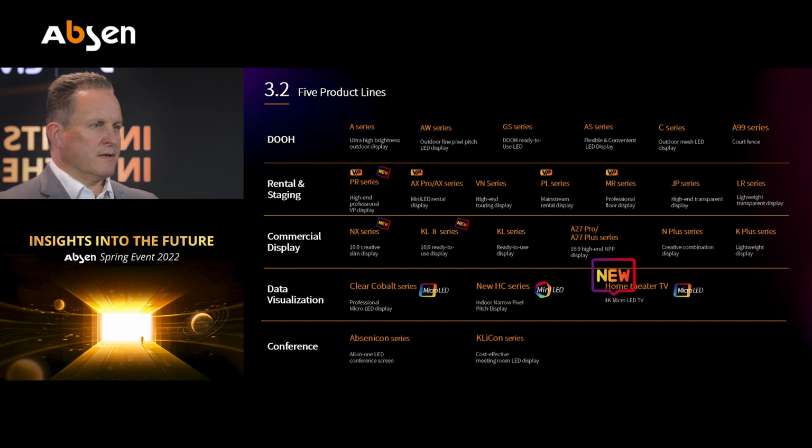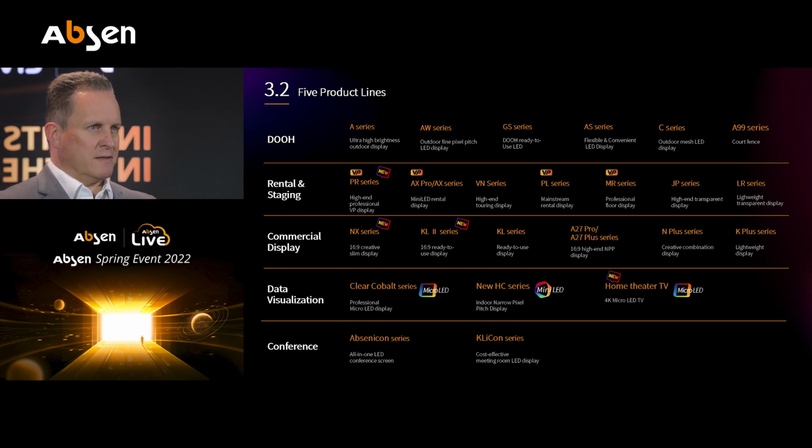Here is a huge and rich overview of all those segments. As you can see vertically, OOH has the A series, the product to speak about for our fixed installation outdoor, and the AW series for the small pixel pitch solution for outdoor fixed. Then we have the GS and the AS, partly only available in the Asia Pacific market.